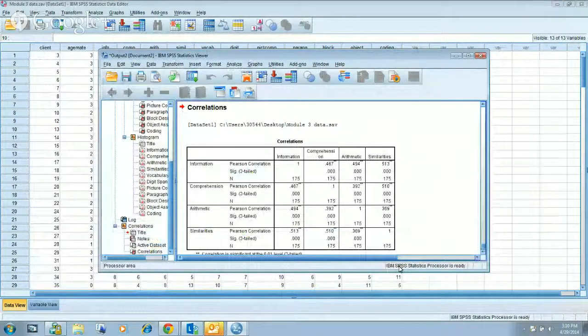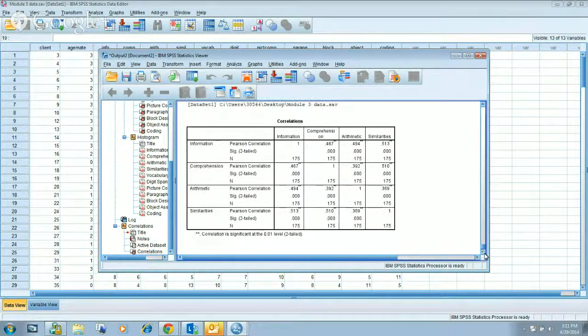So as we can see here, for comprehension and information we have a positive relationship, and correlations range from +1, 0, and -1, with 1 being strong, positively correlated, and -1 being strong, negatively correlated.